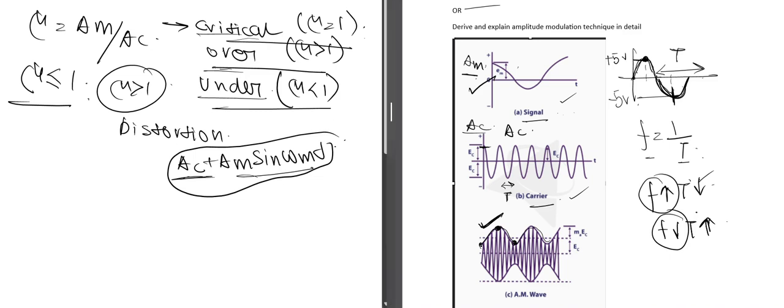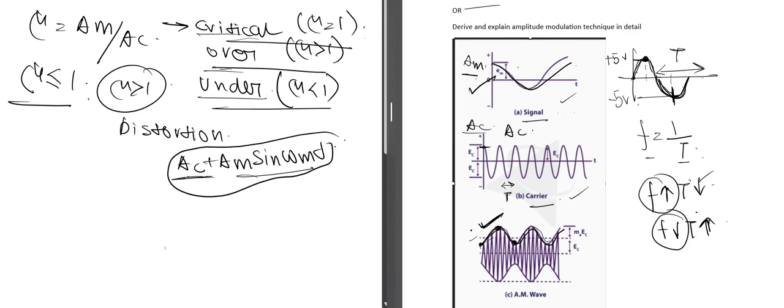As we can see, this particular signal, which we are denoting by the black line, is denoting the message signal. So what happens when we do the modulation for this same wave?